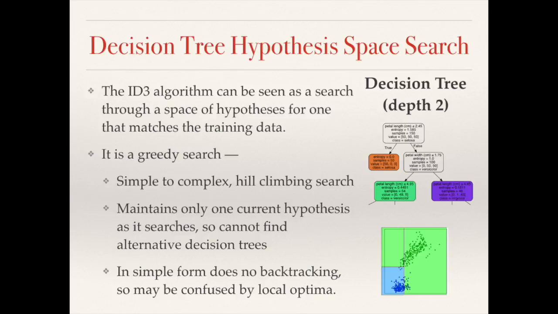In its basic form, these algorithms don't do backtracking. That means in a later stage, if you find the testing of one attribute turns out to be not as optimal as it looked when we tested it, we have no chance to go back and change to another attribute in the previous step.